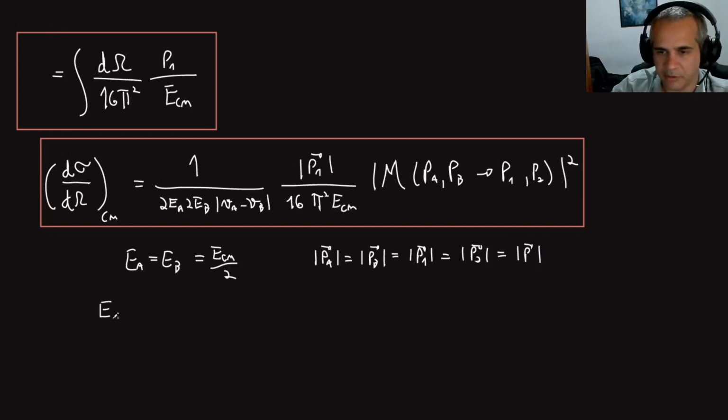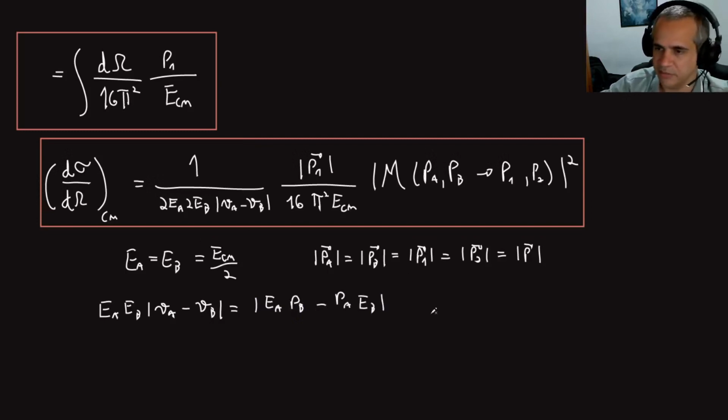And the Møller invariant flux can be written just as E_A P_B minus P_A E_B. Then I just use this. This is just E_CM P, right?